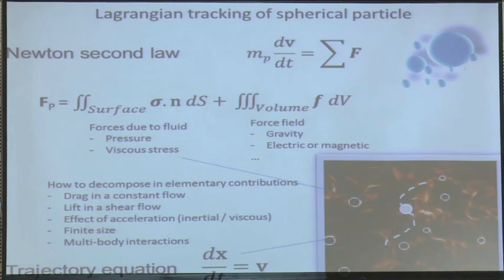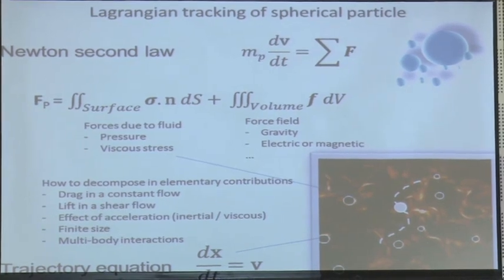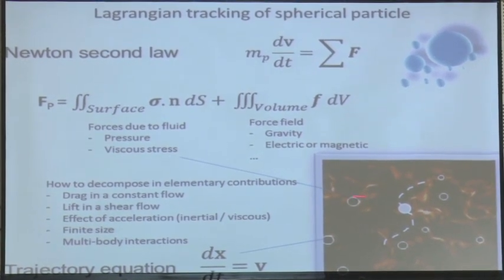When you get the force, the goal of your prediction is to evaluate the trajectory, because based on the trajectory you will be able to say, okay, the particles are going to accumulate in that part of the flow, or they are going to move in that part of the flow. So you are going to couple with the force balance the second Newton law.